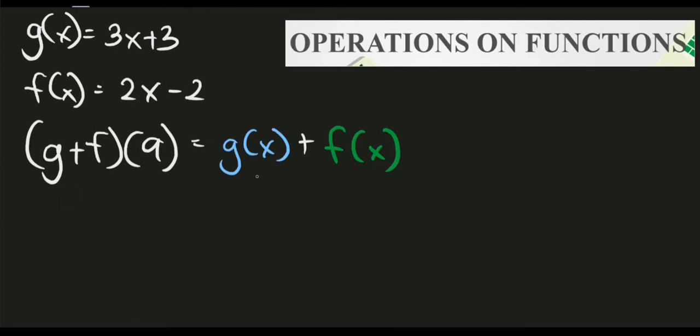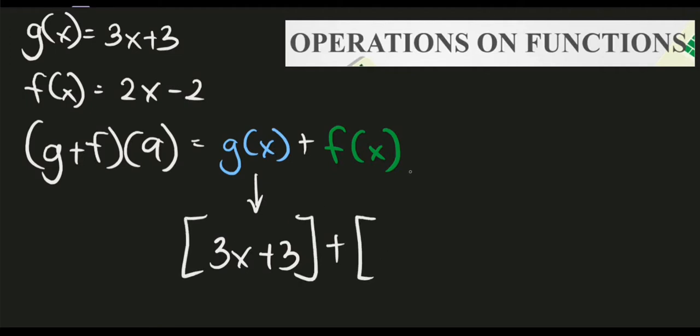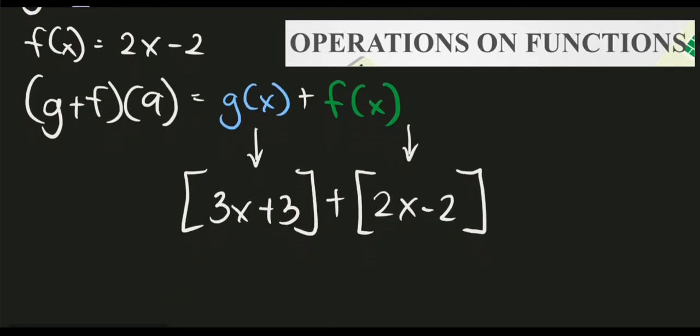So again, the value of g according to our given problem is 3x plus 3. Okay, so we need to add this to function f, which is 2x minus 2. Now, since we're asked to evaluate this with 9 as our input, let's change the values of x as 9.